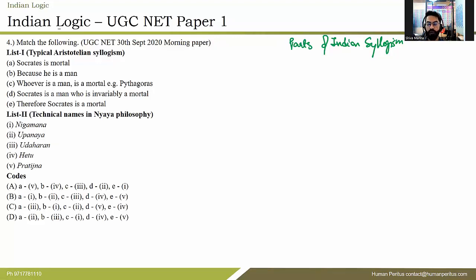Now, this syllogism has very basic terms in it. And I want you guys to remember these terms because they are asked very frequently in the paper. The first term is proposition.